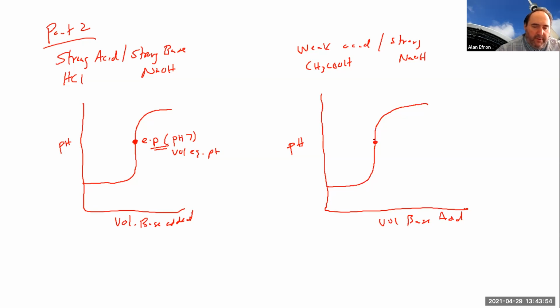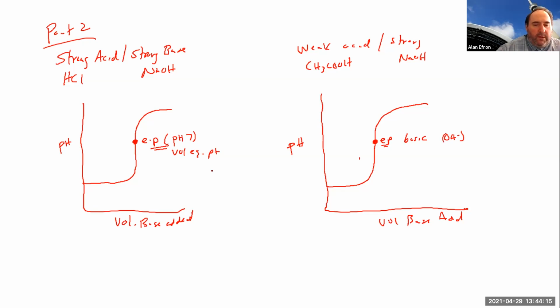And our equivalence point is over here. As we talked about, the equivalence point in this type of titration should be basic, because the salt is going to go through hydrolysis and produce some hydroxide at this point.